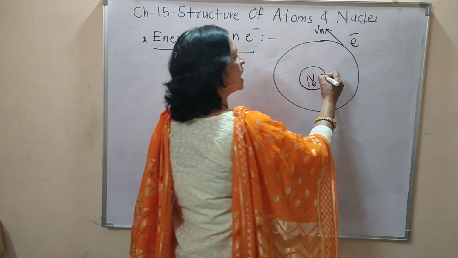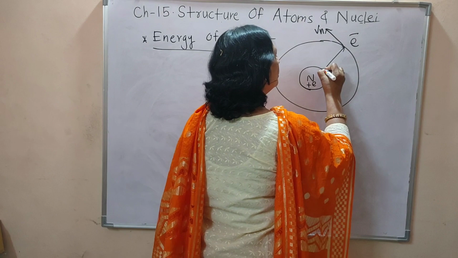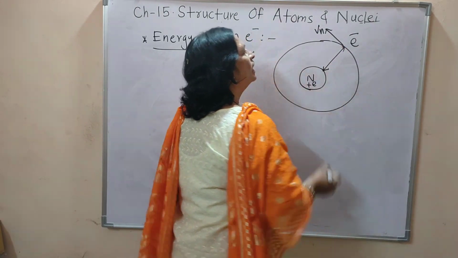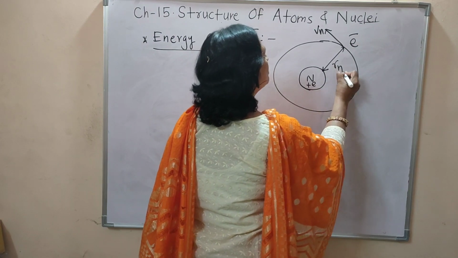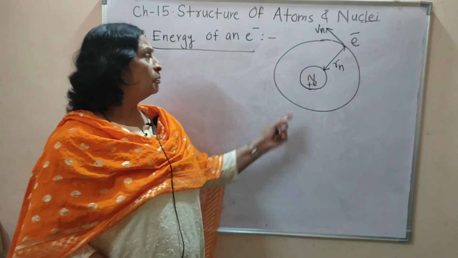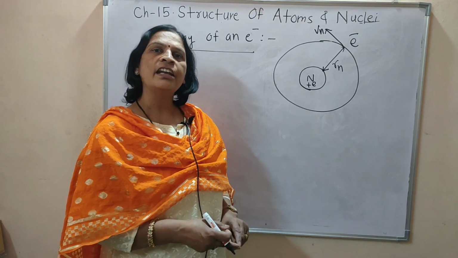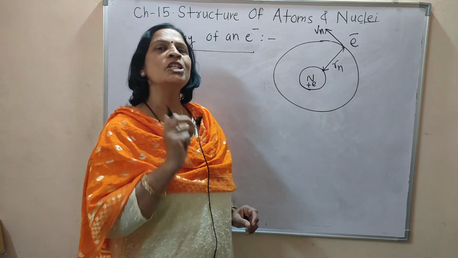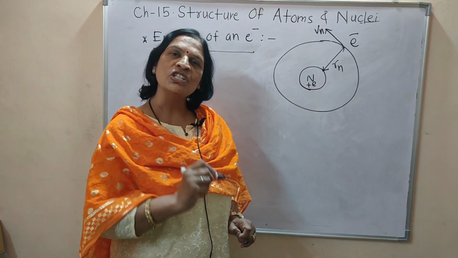Then here two charges are there: a positively charged nucleus and a negatively charged electron. They are separated by some distance, and that is nothing but Rn. And if two charges are there, due to that there is an electric field, an electric potential, and also electric potential energy.